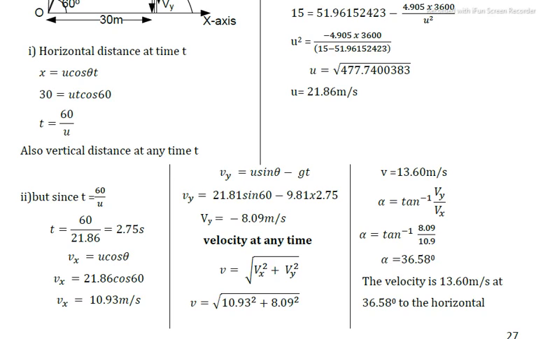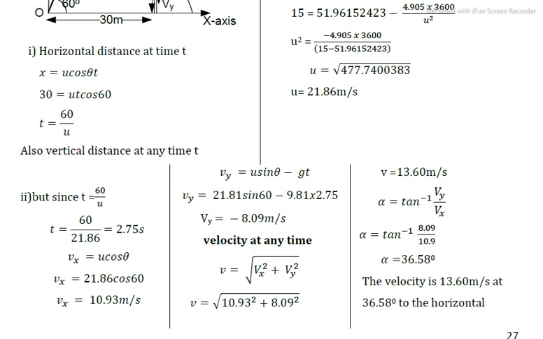But the horizontal component is given by u cos theta. Of course, we have already got u, so we substitute in the formula to get the horizontal component, which is 10.93 meters per second.